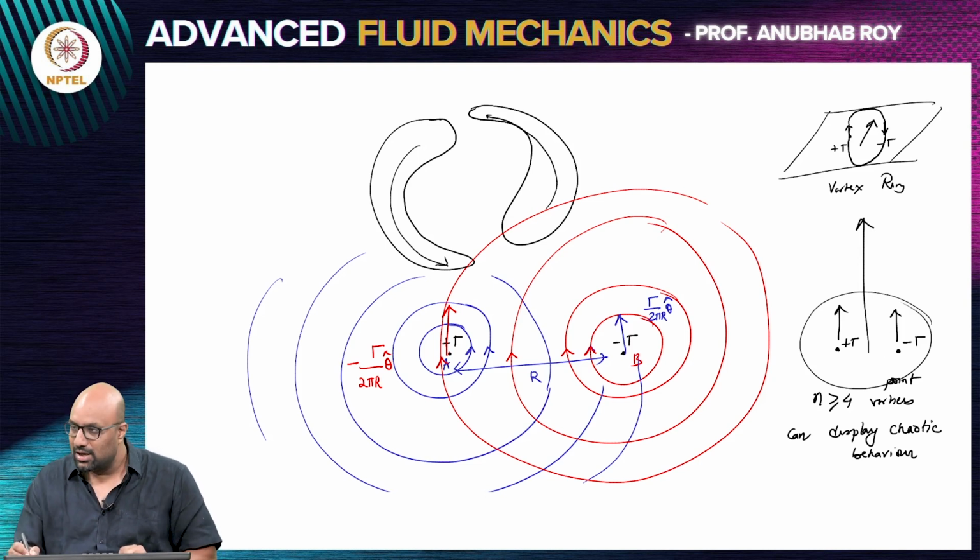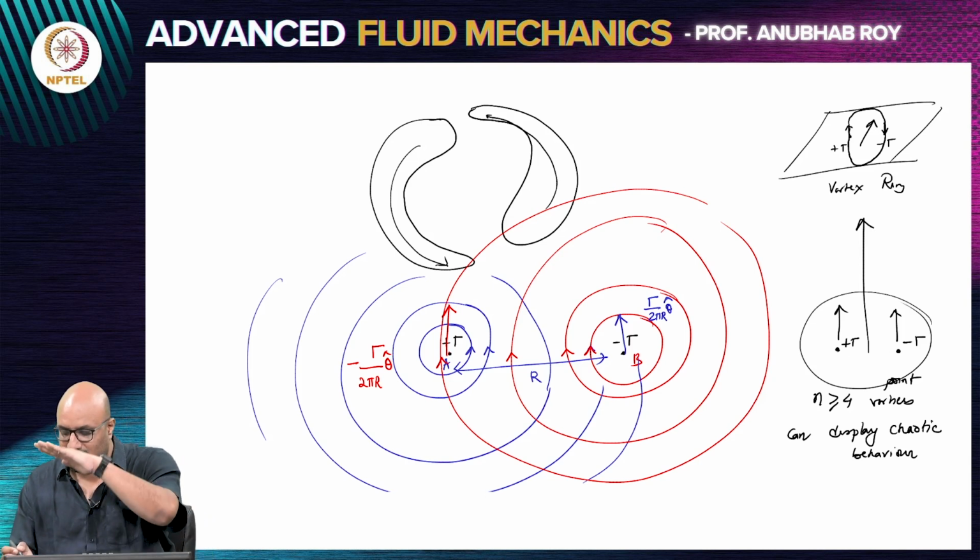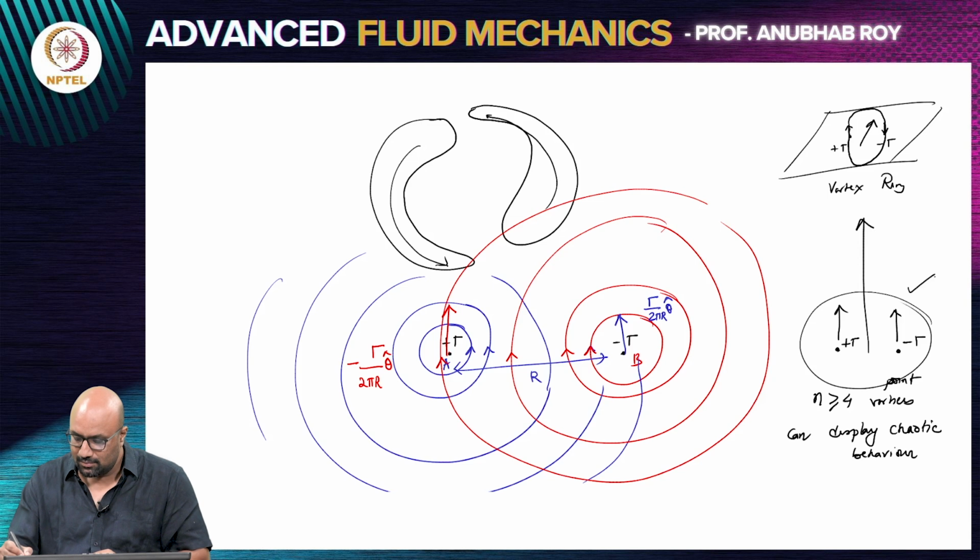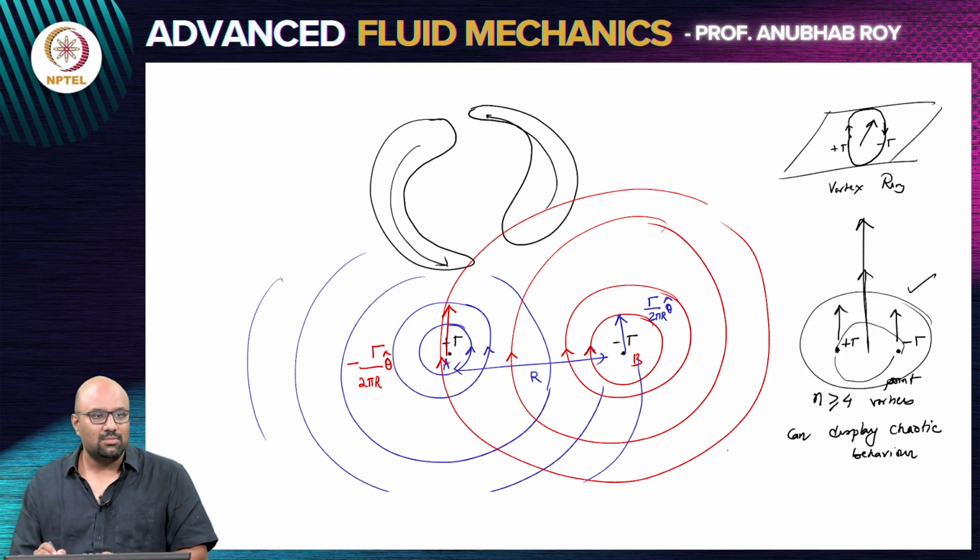And we just showed that 2 point vortices of different circulation are going to translate or move in a straight line. So, if you think of this, it is as if seeing the vortex ring from the top. This picture is the top view of the vortex ring. There is a ring which is coming out of the paper and going into the paper, and also there is a part that is hidden below the paper.